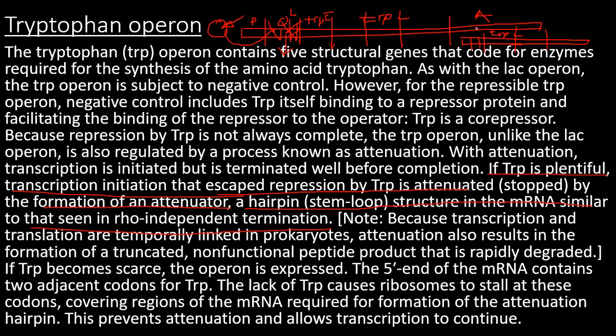Okay, so if tryptophan is present, the transcriptional machinery and the translation machinery will come and translate. As they do so, there will be formation of a stem loop, or hairpin, between region 1 and region 2. Once this hairpin is formed, it will allow another hairpin to be formed between region 3 and region 4.